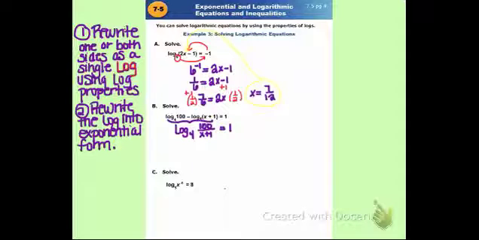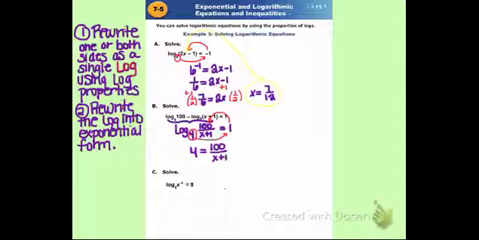And now we're going to go to step 2, which is rewrite this in exponential form. So we start at the base, which is 4, and we raise to the power, which is 1, and it's supposed to equal the result. So if I rewrite that, it looks like this. 4 to the 1, which is 4, is equal to 100 over x plus 1.